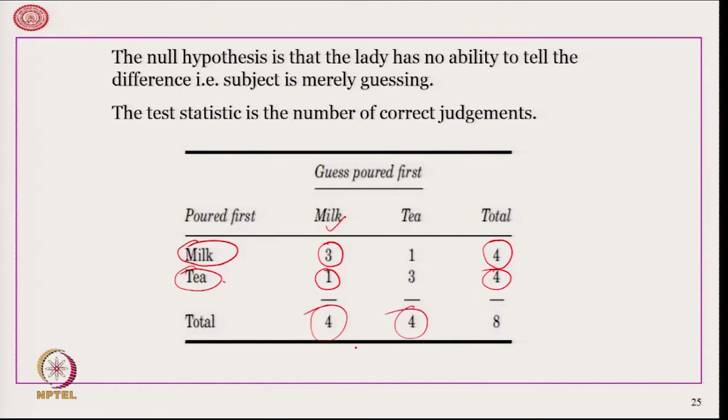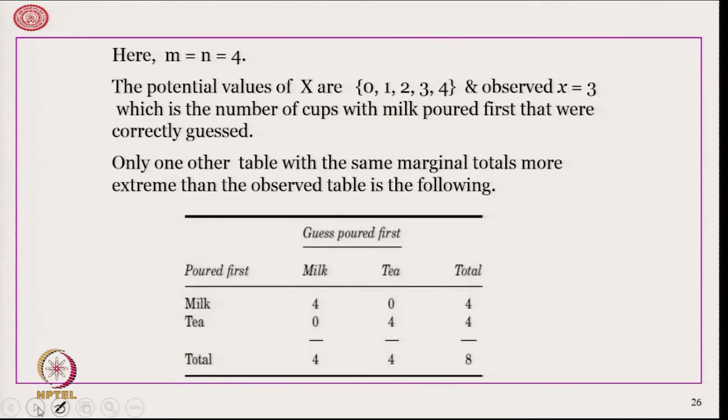So, very simple table, we have to analyze the data to see whether she actually has any such talent. Now, the potential values of x are 0, 1, 2, 3, 4 and observed is 3, which is the number of cups with milk poured first that were correctly guessed.